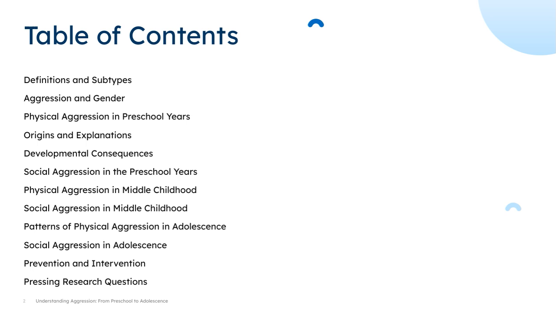Next, we'll discuss social aggression in preschool children, then move into physical and social aggression during middle childhood. We'll also look at patterns of physical and social aggression in adolescence. Finally, we'll cover prevention and intervention strategies and highlight some pressing research questions in this field. This overview will help guide us through the detailed discussion ahead.